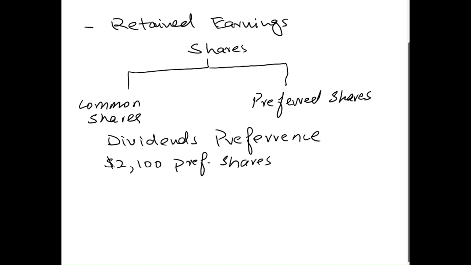This statement, $2, 100 preferred shares, means that when the company declares dividends, the preferred shareholders get $2 for every one preferred share that they own. And then let's also assume that the company has 100 outstanding common shares as well.